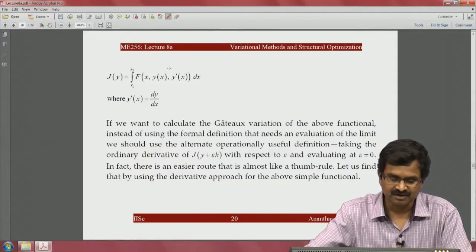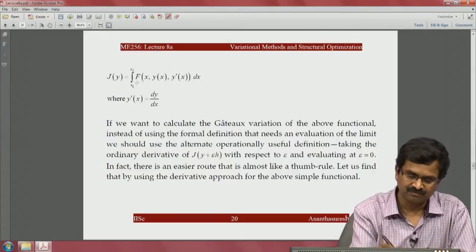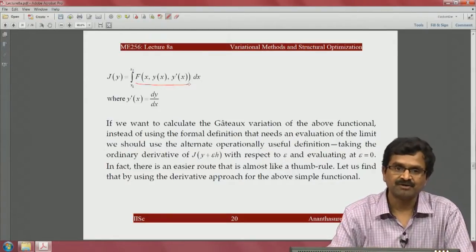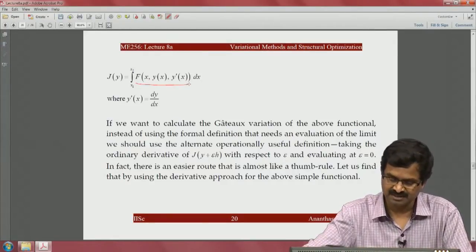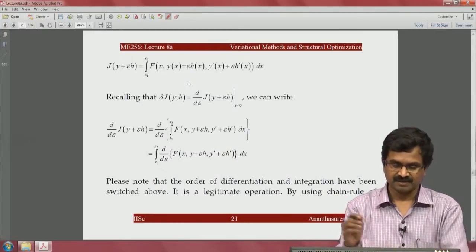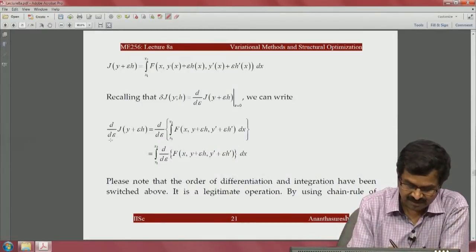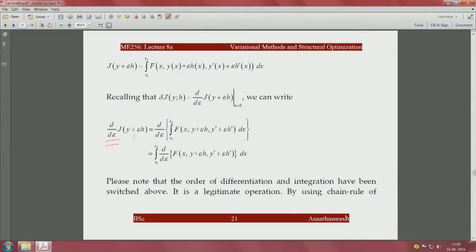So, when you have a functional whose integrand depends on y of x and also y prime of x, we can do this: d by d epsilon of J(y + epsilon h). If you treat epsilon as a variable, then you are doing d by d epsilon of f, where you have substituted y plus epsilon h for y, and y prime plus epsilon h prime for y prime.